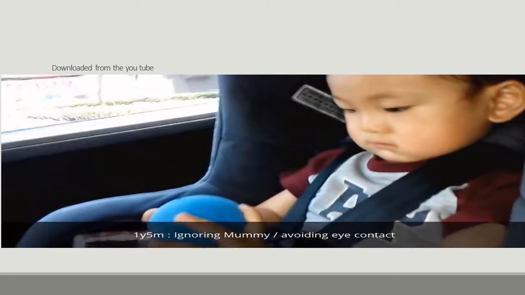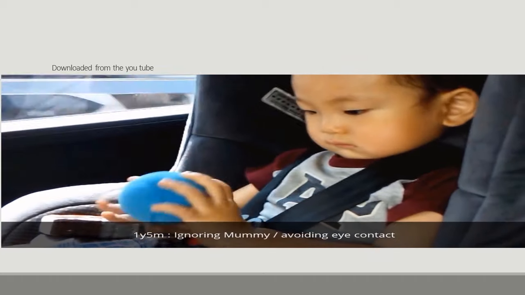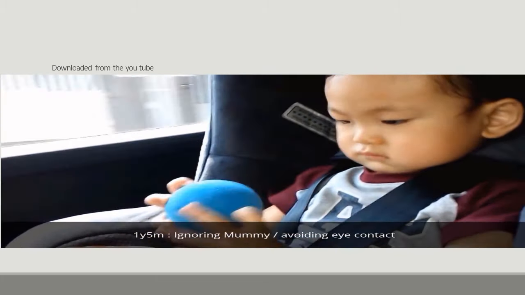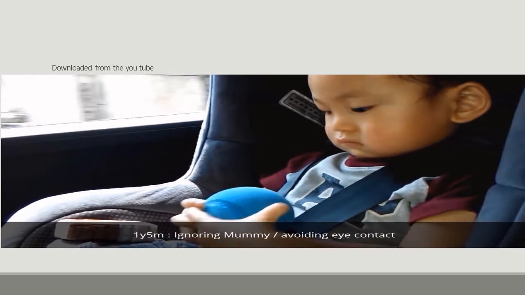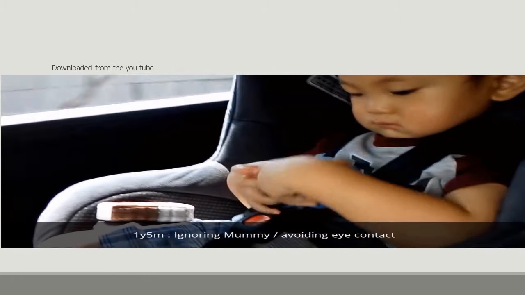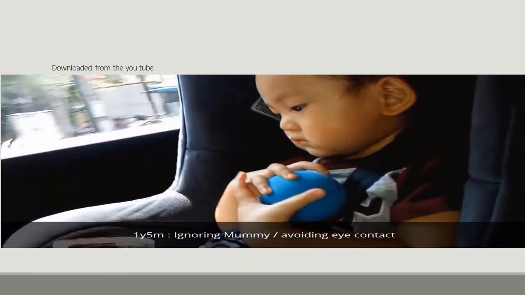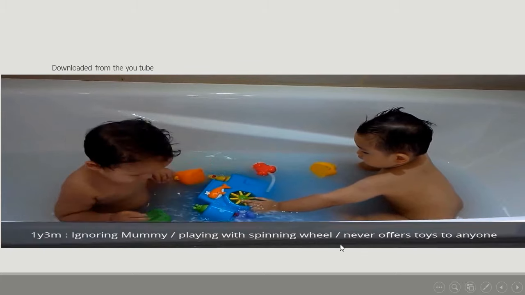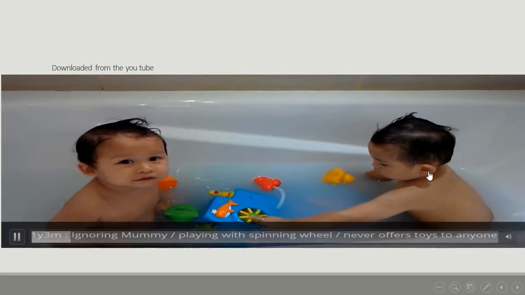He is avoiding eye contact and ignoring mommy, and also keeps repeating this way of playing with the ball. This is a normal child. This is the autistic one.